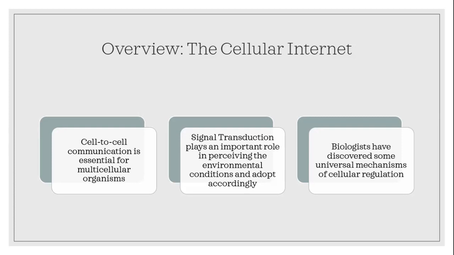Such change has to be perceived by the organism, and once it has perceived that change, it has to adapt accordingly. For that purpose, signal transduction becomes a very important process, because of it the organism is able to understand that there is a change in environmental conditions and that it has to adapt.